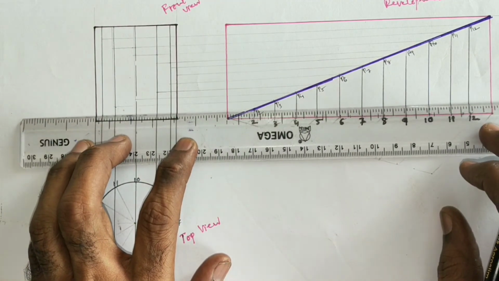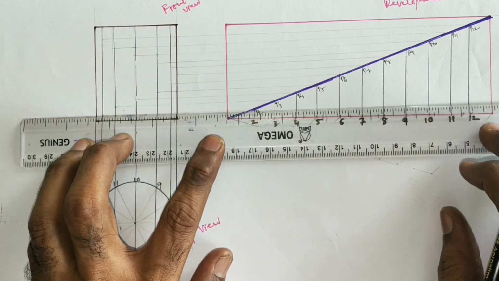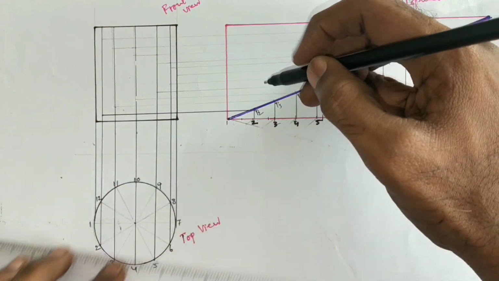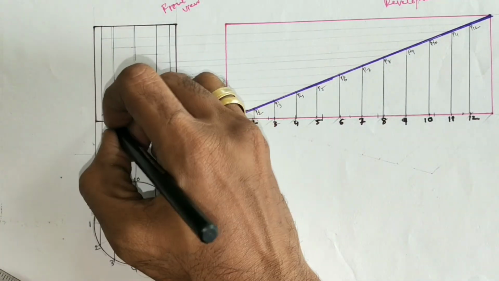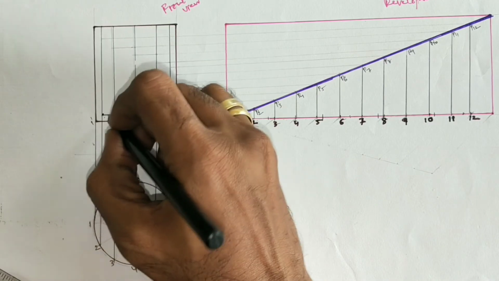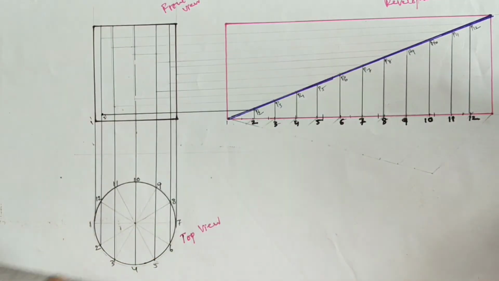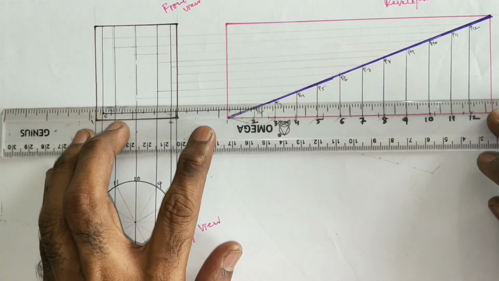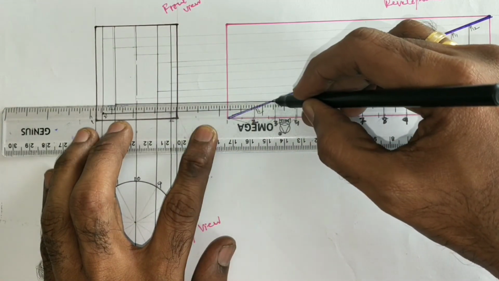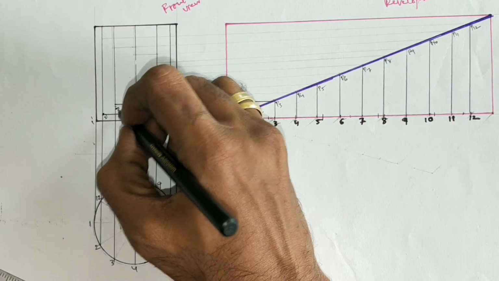After that, the points of intersection are to be noted. Say the first one is 1 dash and this is 2 dash. Next from P3, say this is 3 dash.